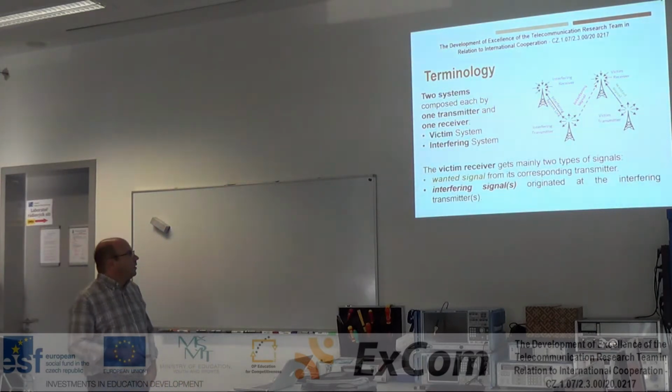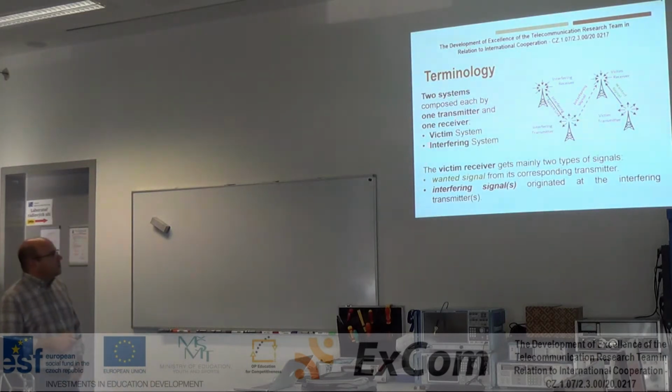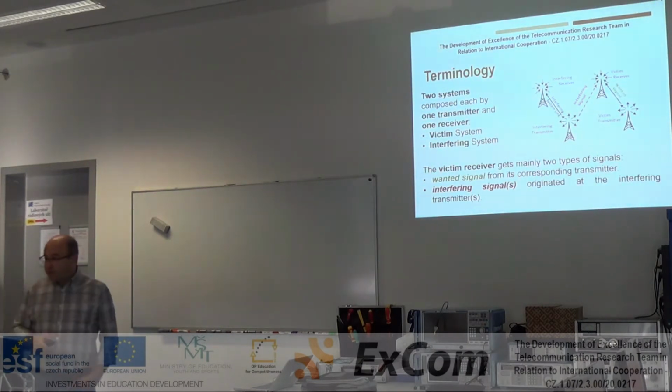So, the victim system in that case is this one. The transmitter is here, the receiver is here. The interfering system is this one, and the problem will be caused by this transmitter interfering into this receiver. So we have mainly two important signals.